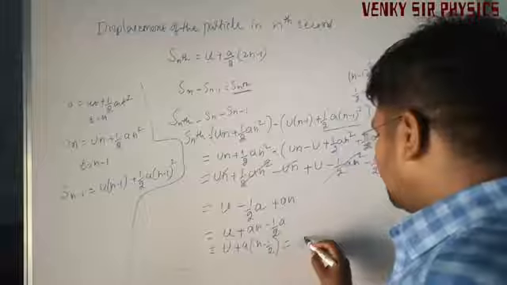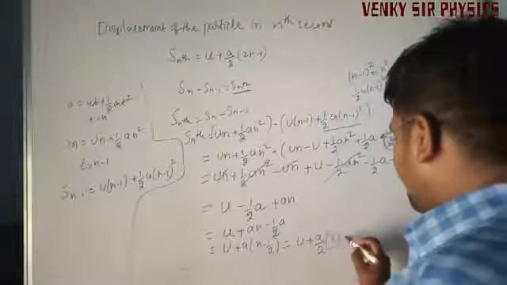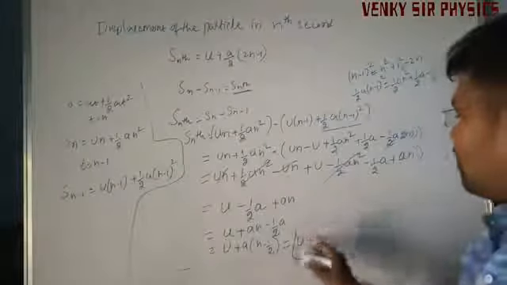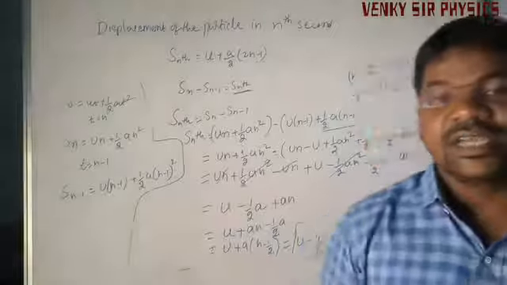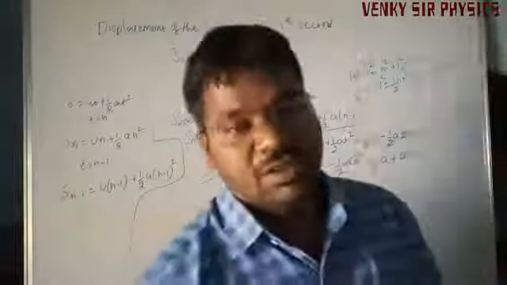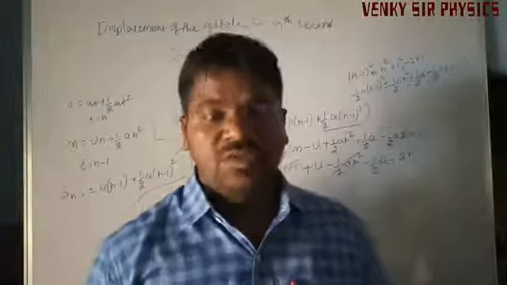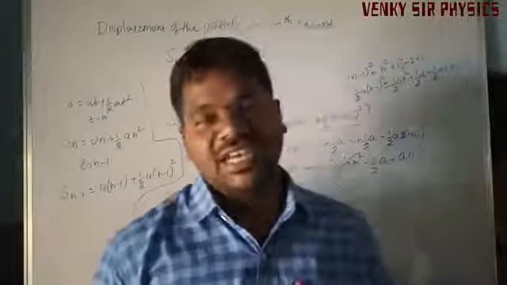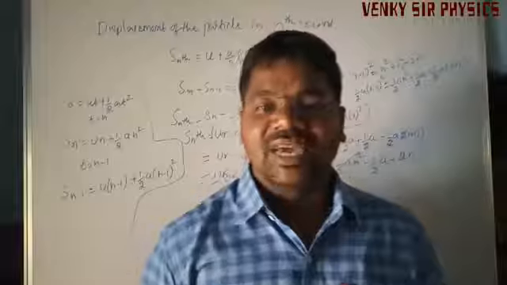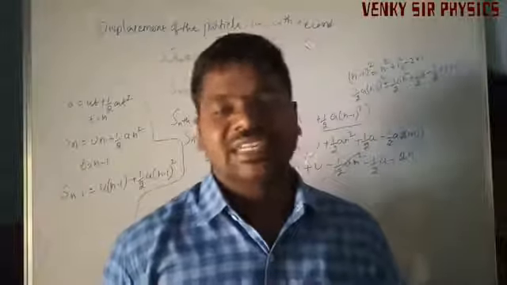Rearranging, u plus a by 2 by making LCM, we get 2n minus 1. This is the final formula: u plus a by 2 into 2n minus 1. So this is the displacement of the particle in nth second. To find the displacement in nth second, we subtract the position of the particle at the n minus 1th second from the position at the nth second.